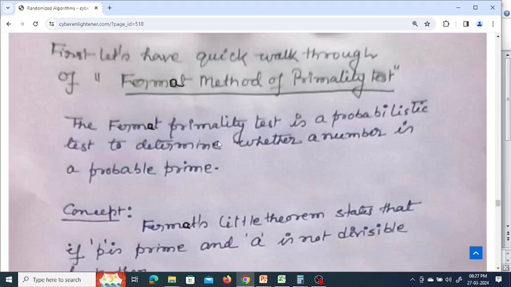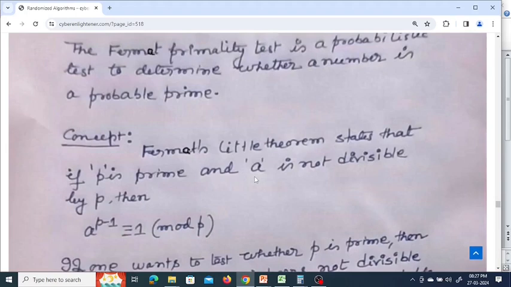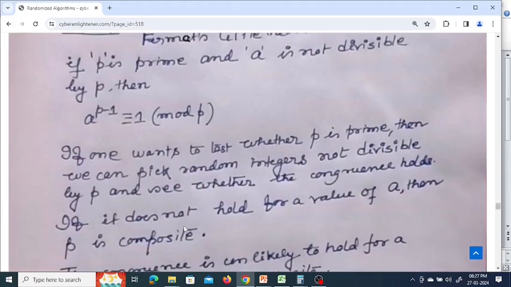It is also called Fermat's little theorem, which states that if P is prime and A is not divisible by P, then a to the power P minus 1 is congruent to 1 mod P. That means a to the power P minus 1, minus 1, should be divisible by P, where P is prime.